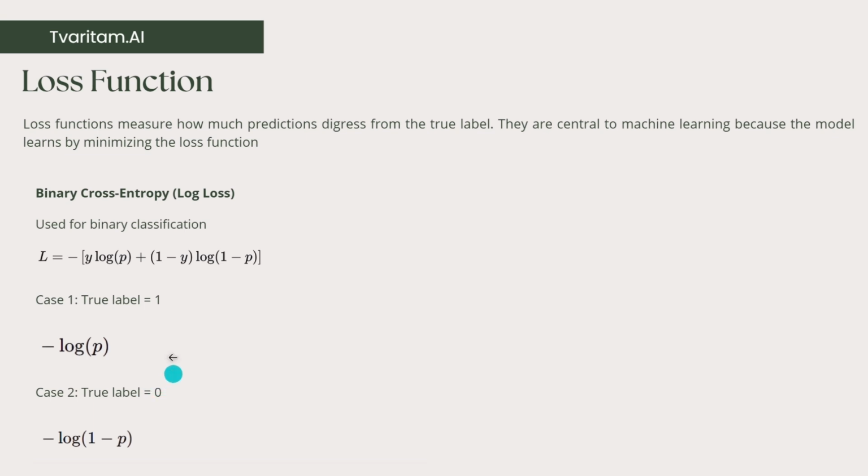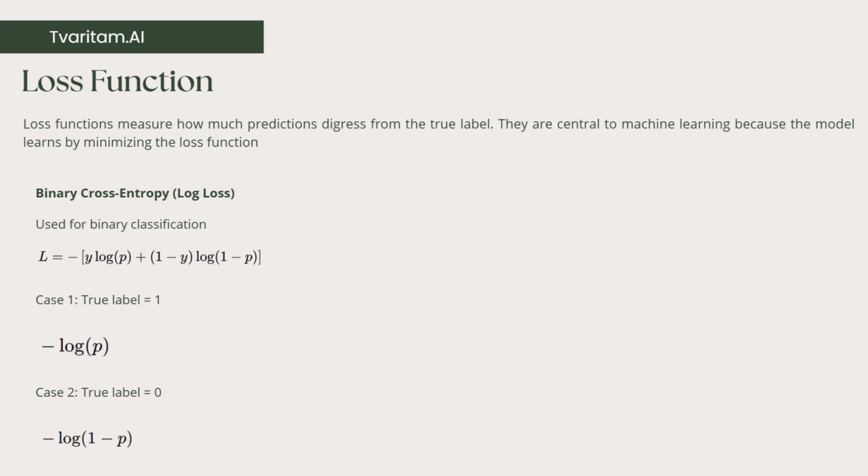And in the case when the true label is 0, the first term becomes 0 because y is 0, and we are left with negative of log 1 minus p, because this becomes 1 minus 0. Right. And as log values for inputs less than 1 are negative and probabilities will always be less than 1, we add a negative sign in our formula here, and this makes optimization easier as we minimize the positive loss.